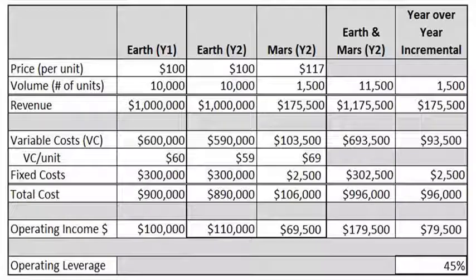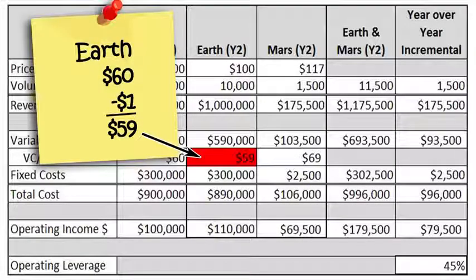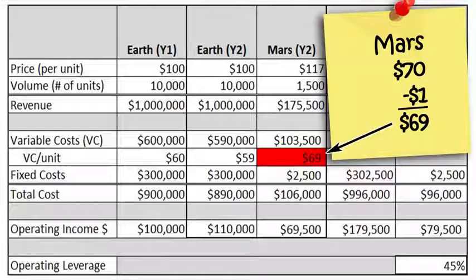This cost reduction decreases the Earth variable cost per unit from $60 per unit to $59 per unit, and from $70 per unit to $69 per unit for products sold on Mars. Note this reduction does not impact the additional $10 freight charge for Mars reflected in the cost of $69 per unit.